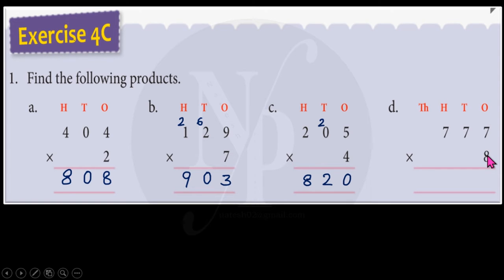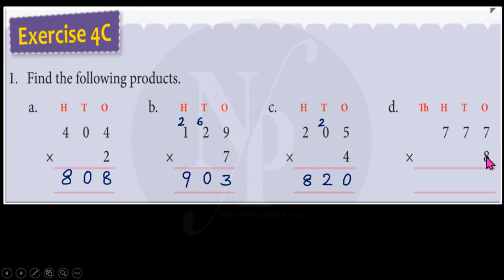So when you multiply 7 by 8, what you get? 8 7s are 56. This is why I said you should learn the tables by heart. So without learning tables by heart, it is not possible for you to find the products. So you should learn the multiplication tables up to 10 by heart.